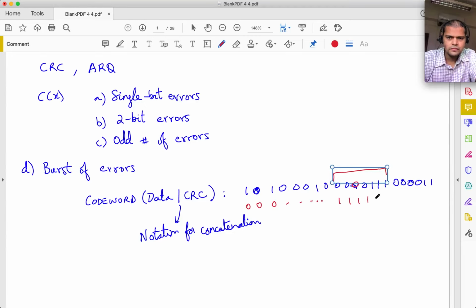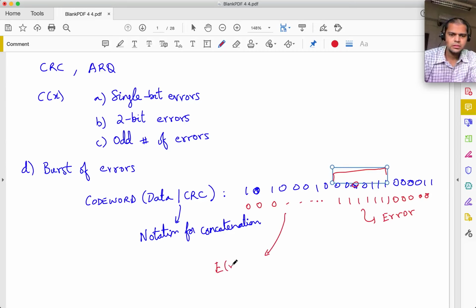So you would have this bit string, so we would write this as E of x, and how would we write this? Well, it's really going to be a polynomial of this form.